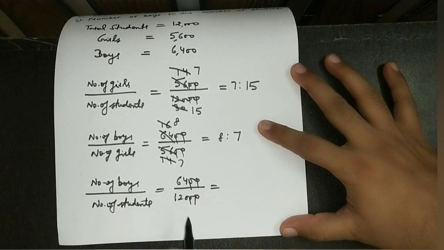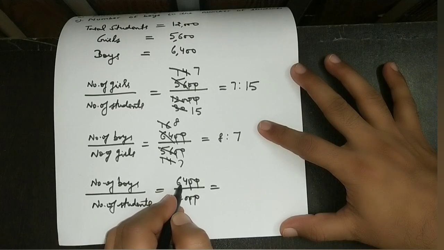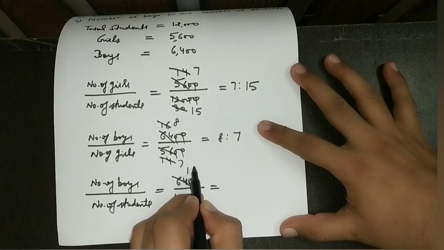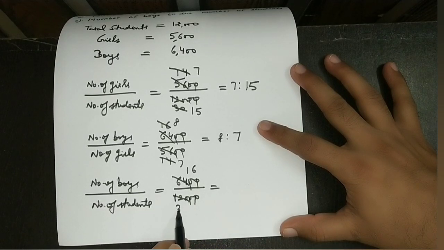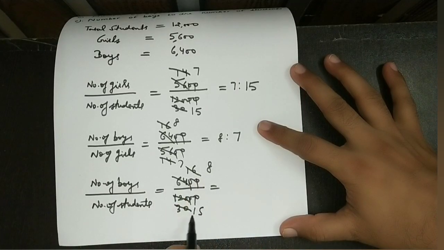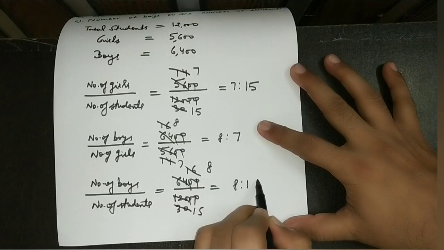Let's cancel the zeros. Now 4 ones are 4, 4 sixes are 24, and 4 threes are 12. Cancel this with 2 and this with 2, 15. So the ratio is 8:15.